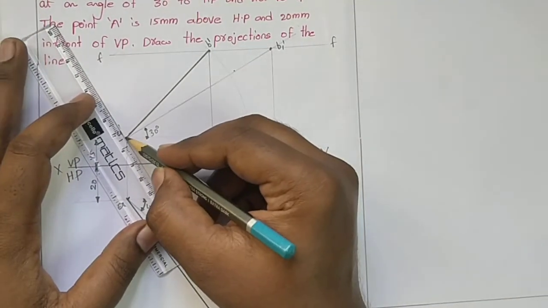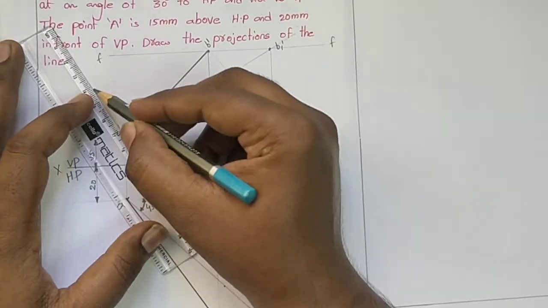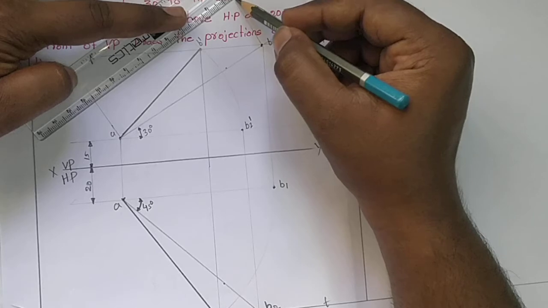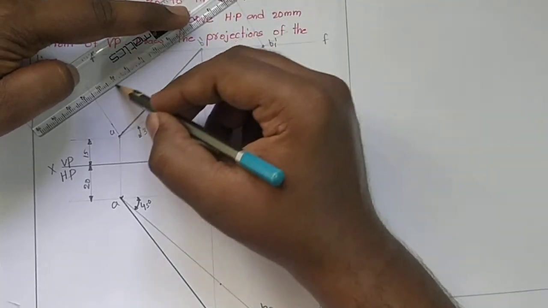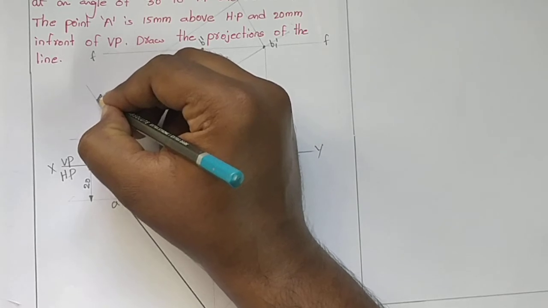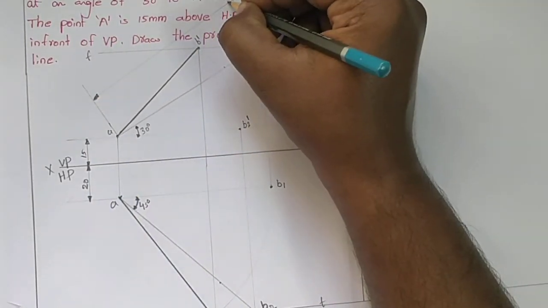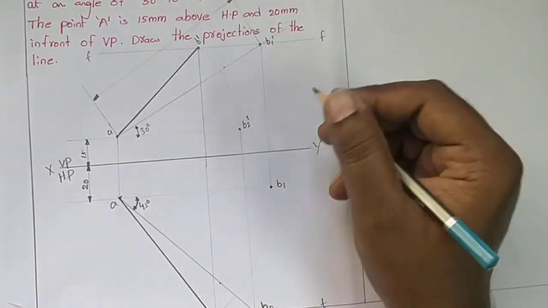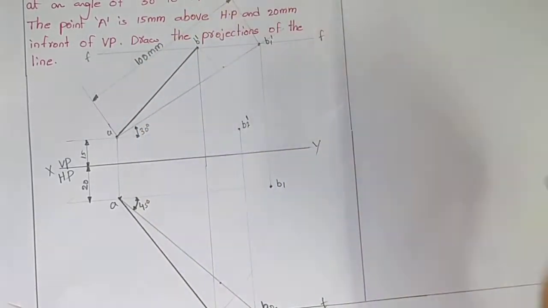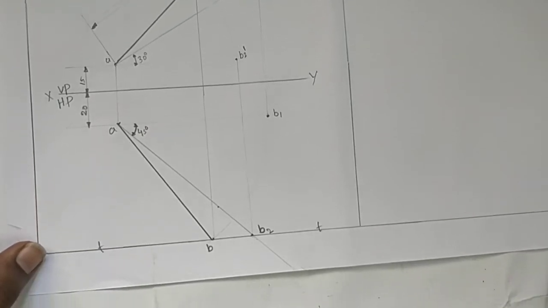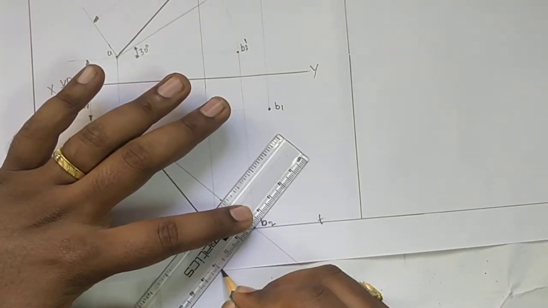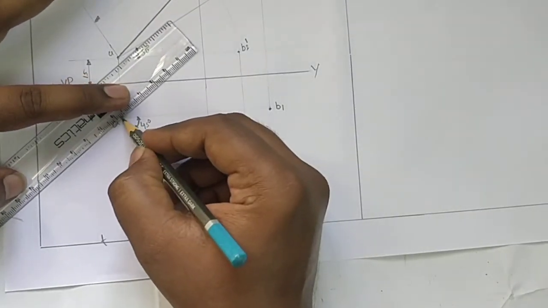Next, the length AB, we need to give the dimension for this. Here the length of the line AB is 100 mm. Similarly, in the top view also, you need to give the dimension.